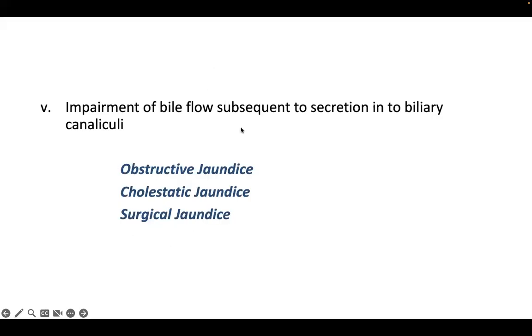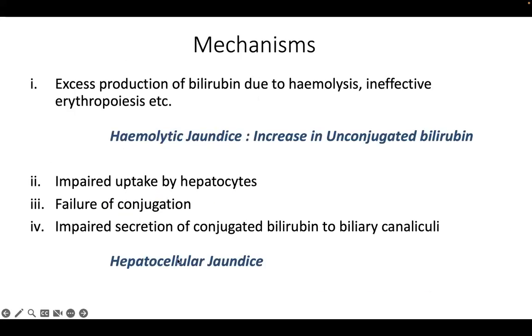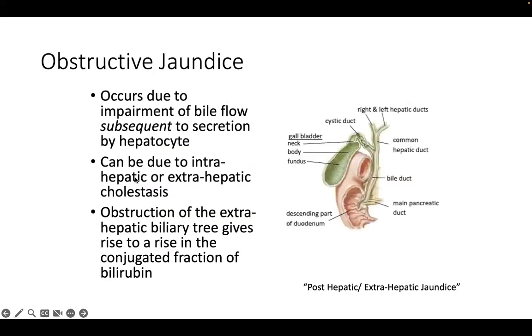So this is what is relevant for surgery. For the surgery topic, this is what is relevant. But you need to know these as well, because this will help you differentiate in your history. Obstructive jaundice occurs due to the impairment of bile flow subsequent to secretion by the hepatocytes. That is, the liver secretes, but there is some issue in this area.